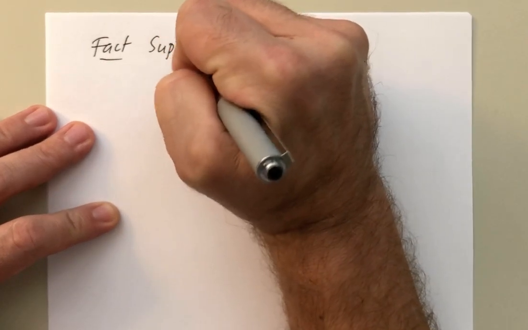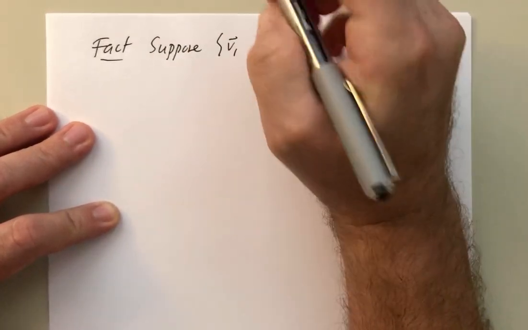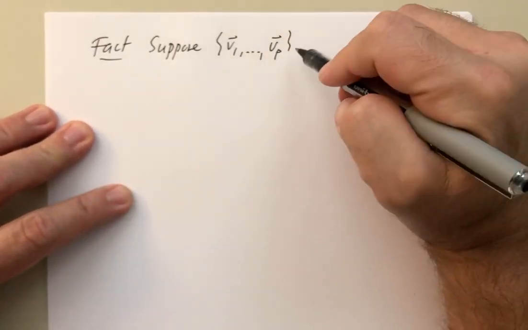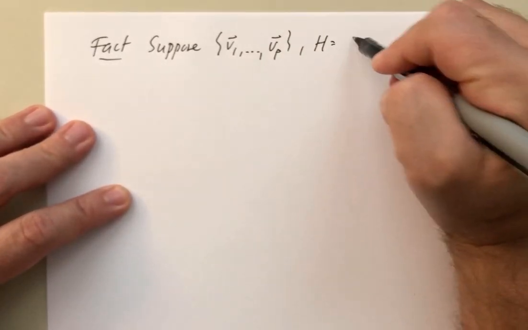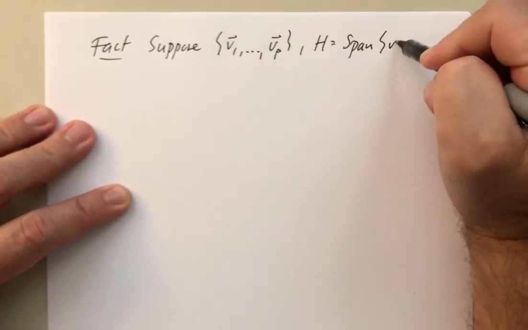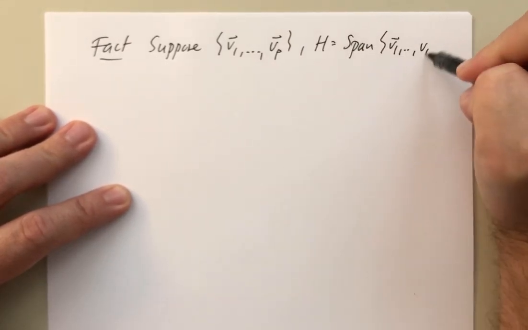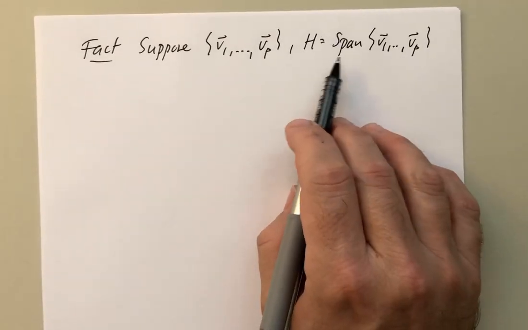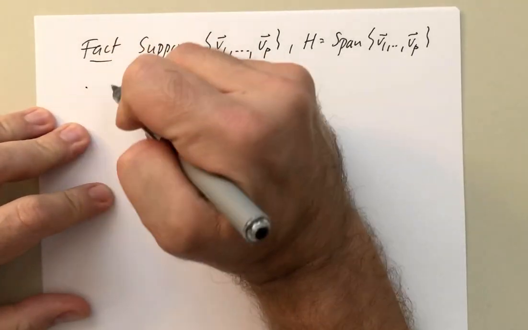Suppose, in the more general setting, we've got, say, V1 through Vp, and let's say H is the span of those vectors. So, I'm not telling you where they live now, but I'm just saying that we have a bunch of vectors in a vector space, and we take a span of those. There's two things I want to point out.